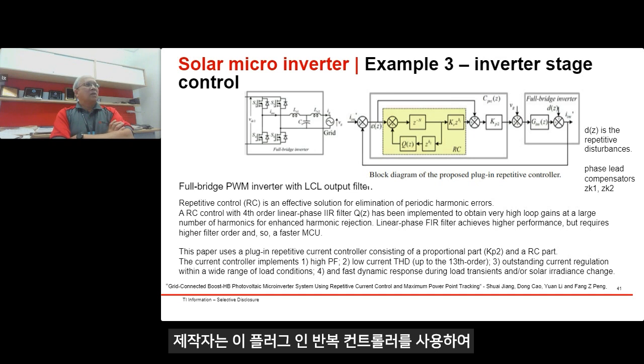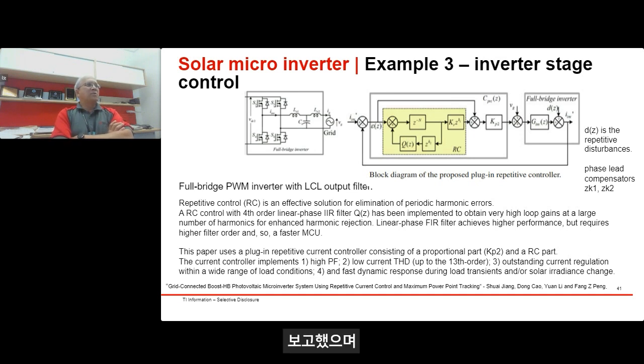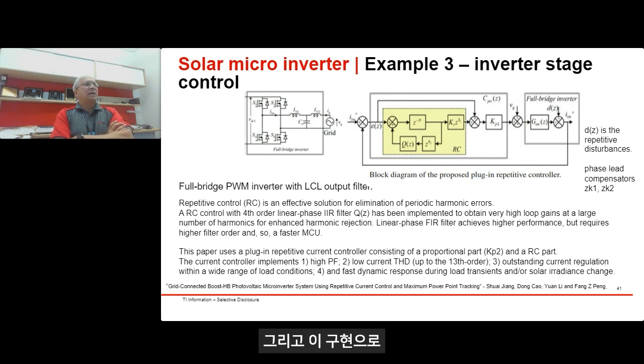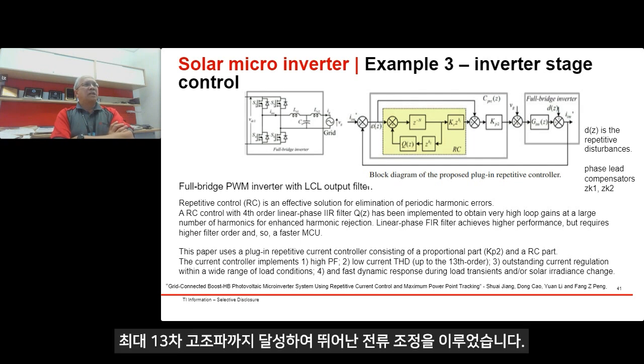So these authors reported using this plug-in repetitive controller consisting of a proportional part, KP2 you can see, and an RC part, repetitive control part, and that achieves a high power factor and low THD current up to the 13th order harmonic.